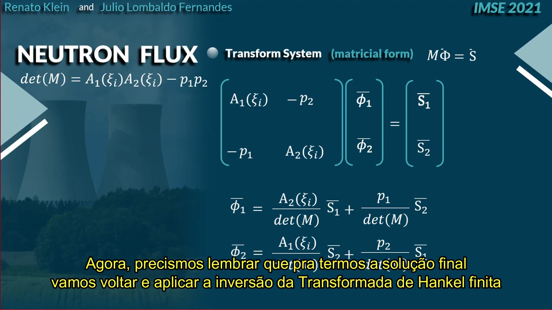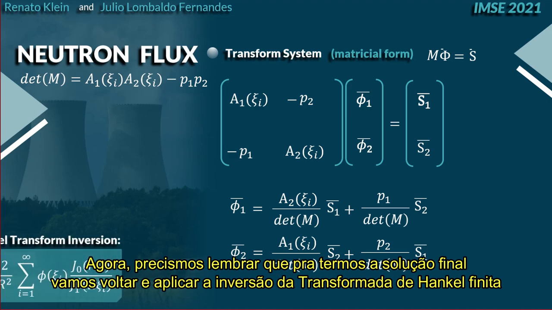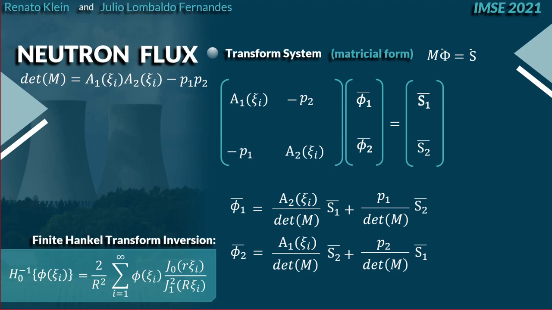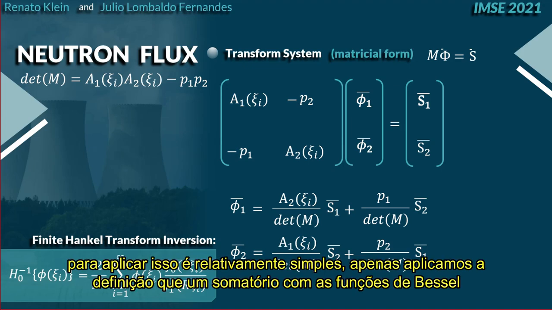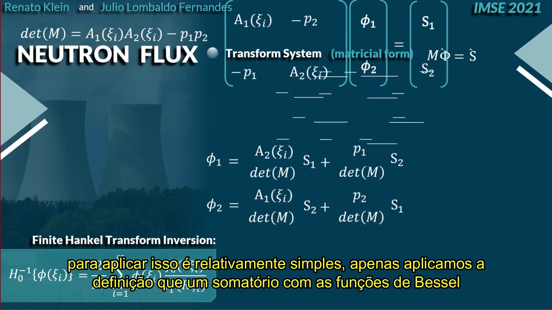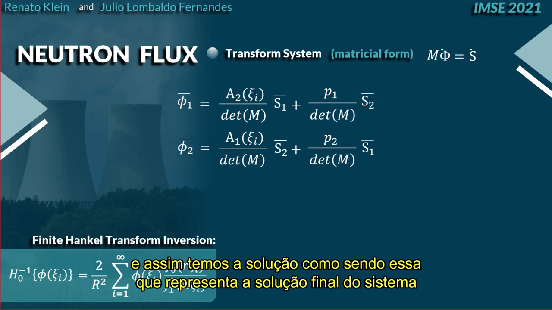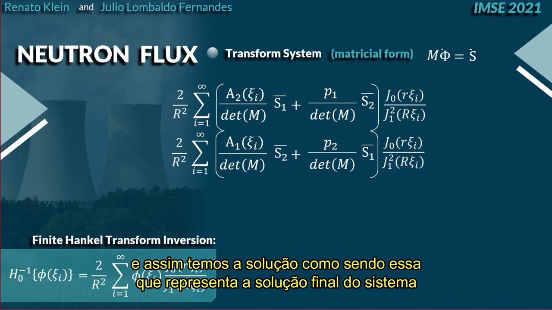So now we need to remember that to get the final solution, we need to come back and apply the finite Hankel transform inversion. Applying this is relatively simple. We just need to apply the summatory and the Bessel functions to the transform functions, and we have a solution like this.